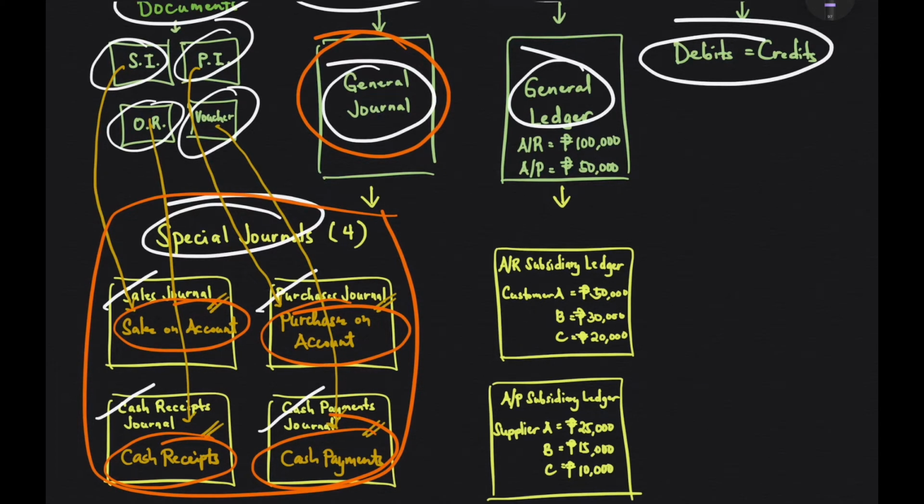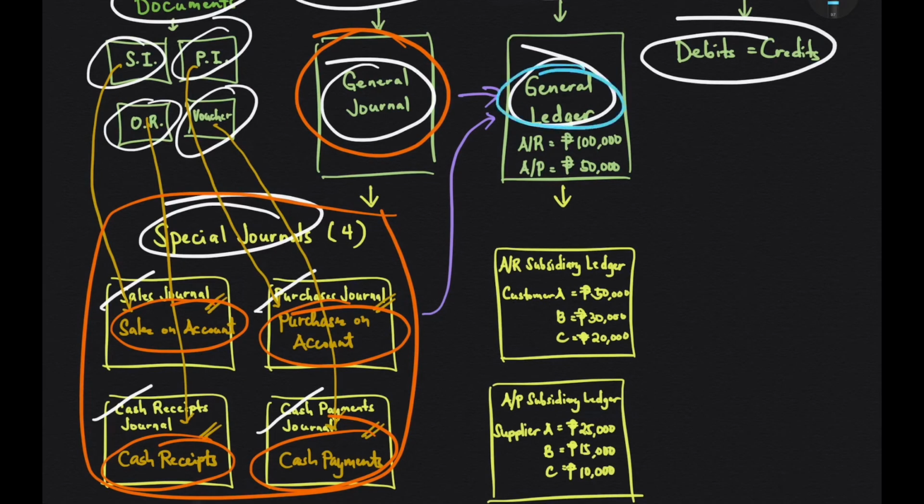Now we jump to posting, which is the next step. The posting procedures shall be done as usual, but this time the information shall not only be sourced from the general journal but also from the special journals, because you have account titles there.